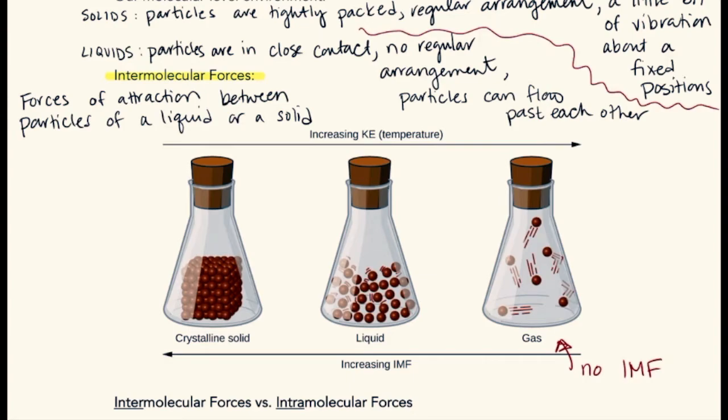If there are forces holding particles together, for us to be able to change phases, we need enough energy to break those intermolecular forces. Okay, so there's a balance when we see different phases. There's a balance between how strong the IMF is, how attracted the particles are to each other, and also how much energy is there.